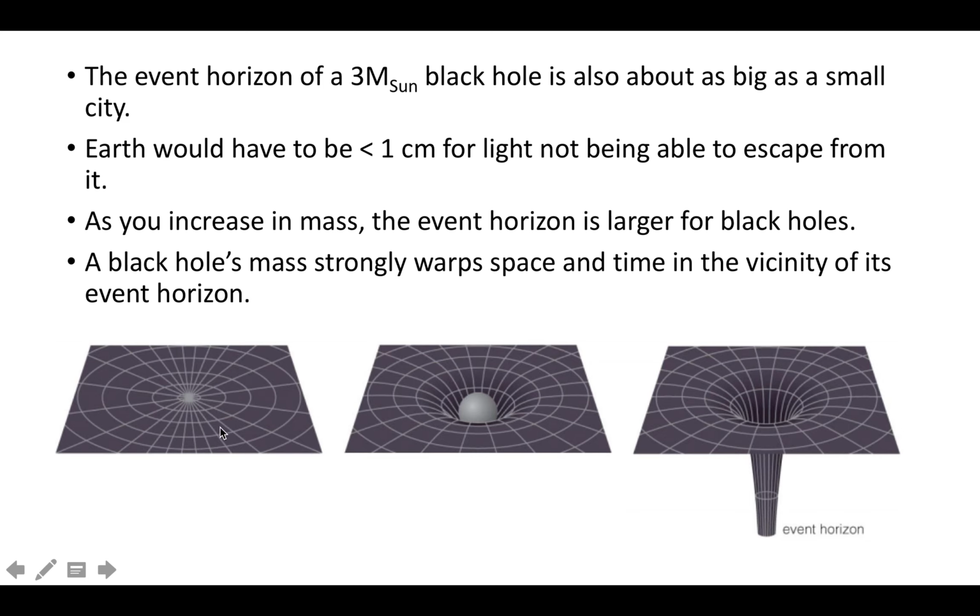I'm going to talk a little bit about these diagrams. This is a 2-dimensional representation of flat space-time, and you can see pairs of circles separated by the same radial distance on the way out. Now, a mass does affect this sheet similarly to the way gravity curves space-time. If you imagine this as a sheet and we have a ball, we get this nice curvature as we move closer to the mass.